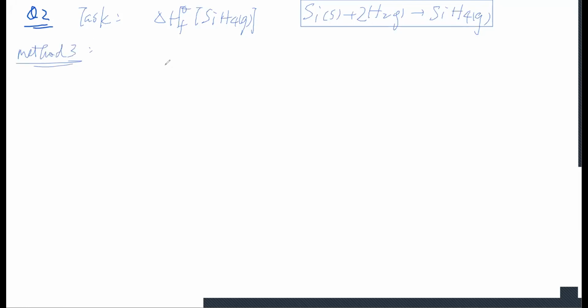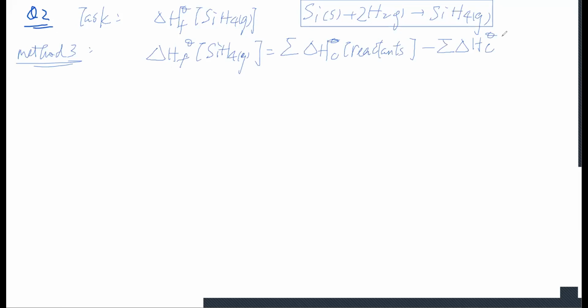It is just write down the delta H of formation of selenium, which is equal to the sum of the delta H of combustion of the reactants minus the sum of the delta H of combustion of the product.